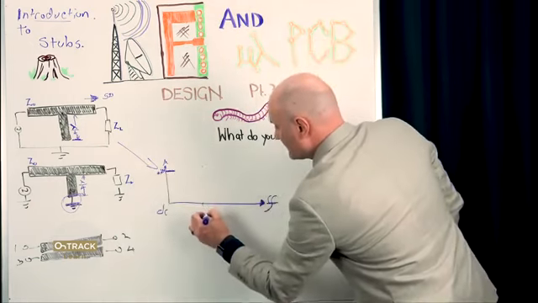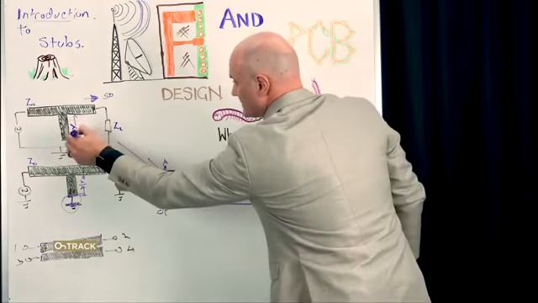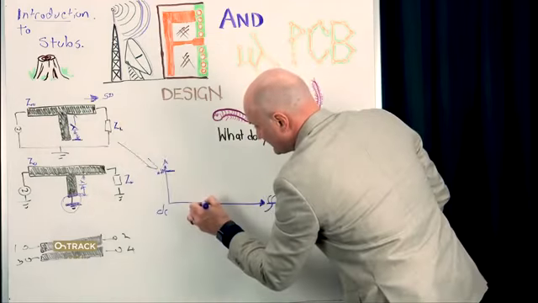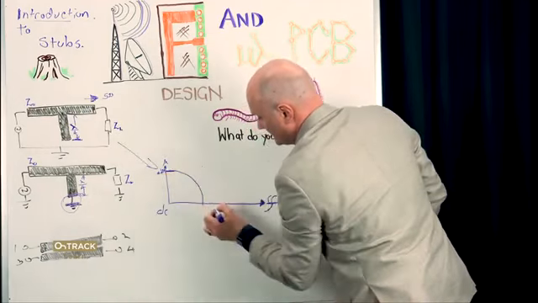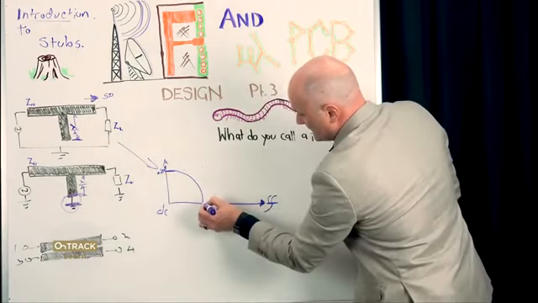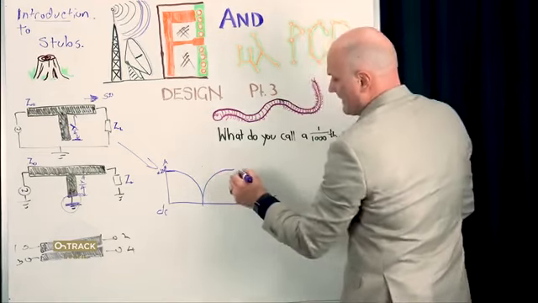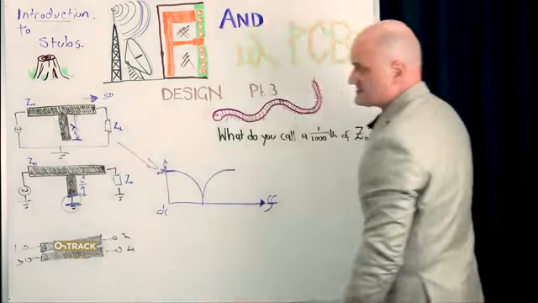And at the frequency where this is a quarter wavelength, an ideal stub will bring that down to 0 because it appears like a short circuit at that frequency. And then as the frequency goes higher, it goes back up again as this becomes less and less significant.